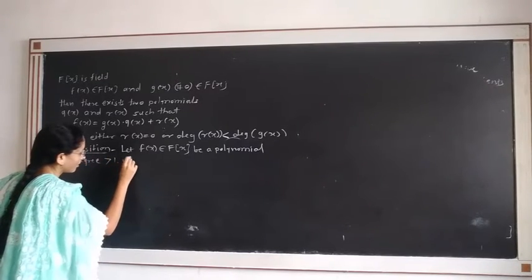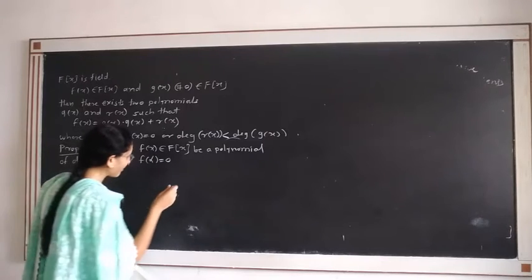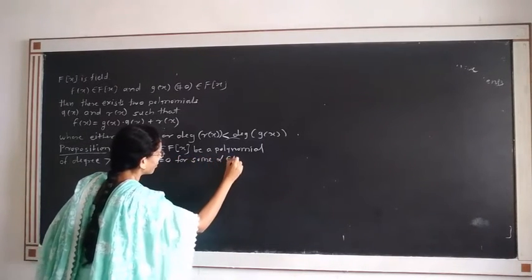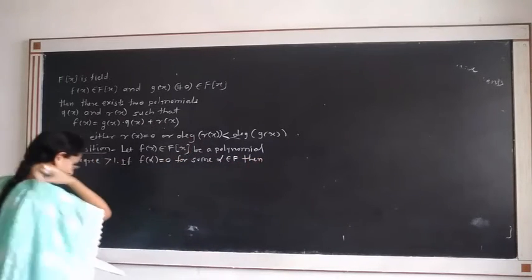If f(alpha) equals 0 for some alpha belonging to F, then f(x) is reducible over F.